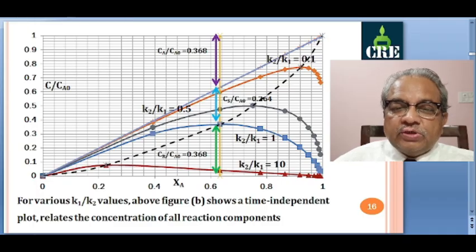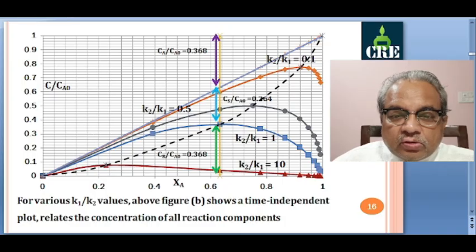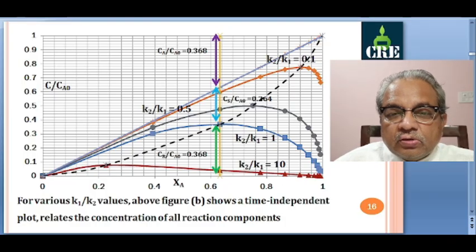Where is the point of CR max, we know, and that point we have taken. This value is 0.368, that you know from K2 by K1. This is CR by CA0, 0.368.